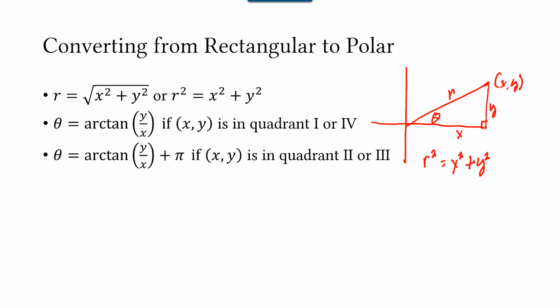If it's been a while since you've seen those quadrants labeled, that's quadrant 1, quadrant 2, which would have angles between pi over 2 and pi. Quadrant 3 goes from pi to 3 pi over 2, and quadrant 4.